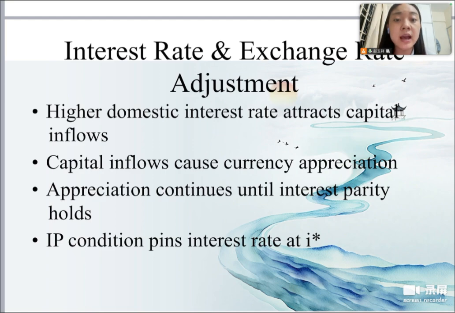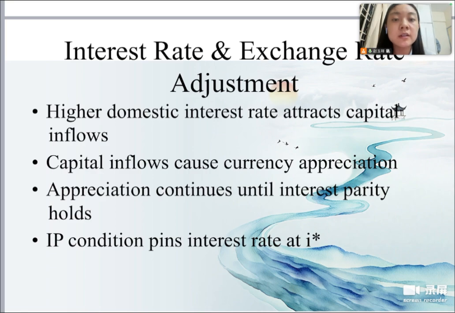International investors are attracted to domestic financial assets. This leads to capital inflows into the country. As foreign investors convert foreign currency into domestic currency to purchase domestic assets, the demand for the domestic currency increases. As a result, the domestic currency appreciates.